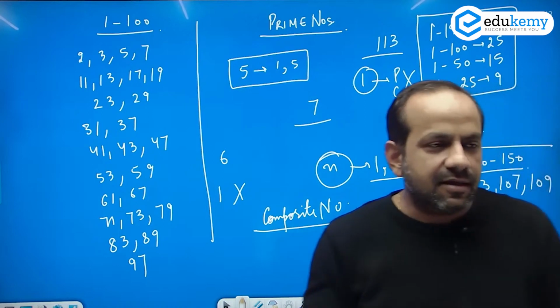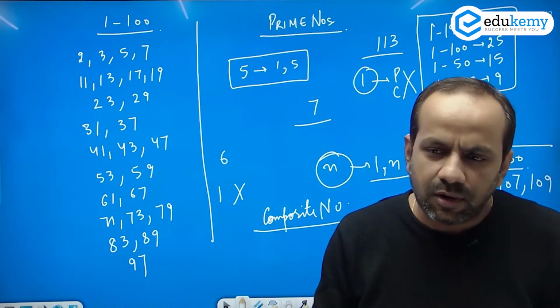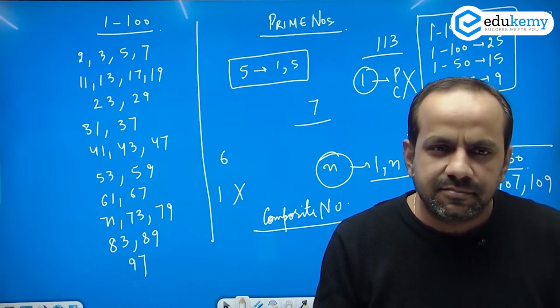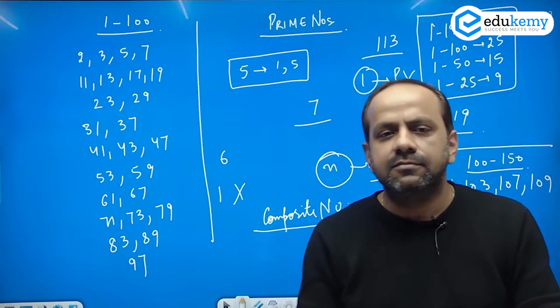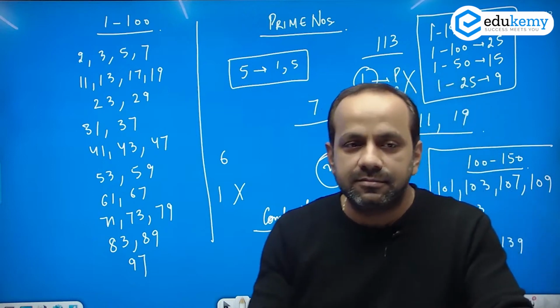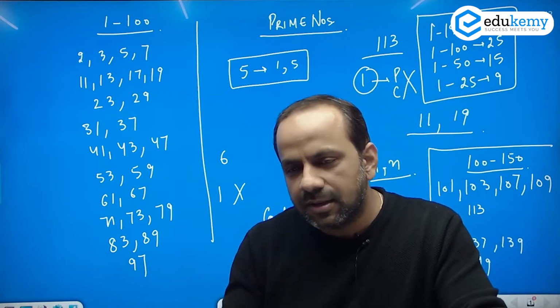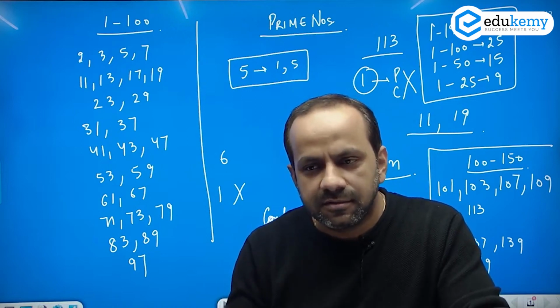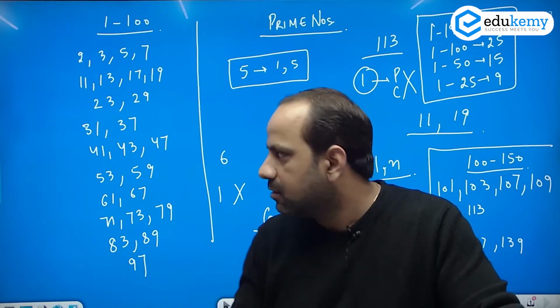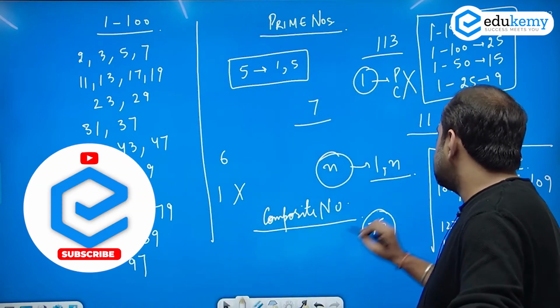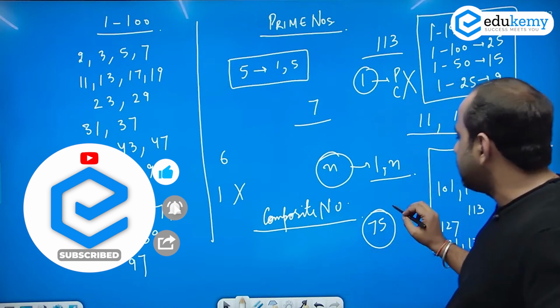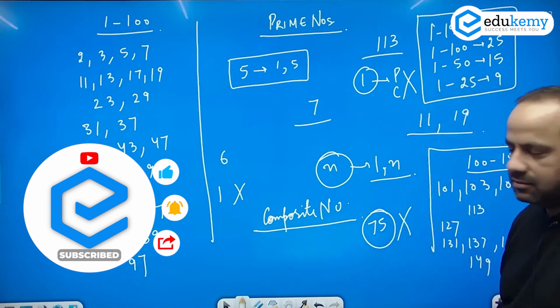So if I say how many prime numbers are there from 1 to 100? 25. And how many composite numbers are there? 74. Okay, so these are the key points, and we always see the question based on these, that 75 is not correct, 74 is correct.